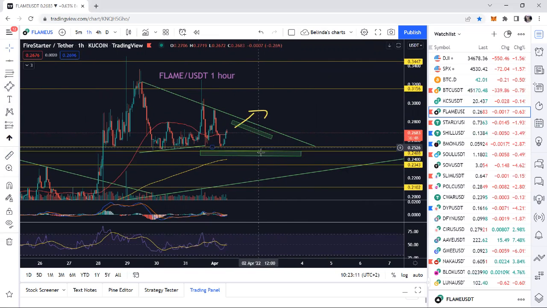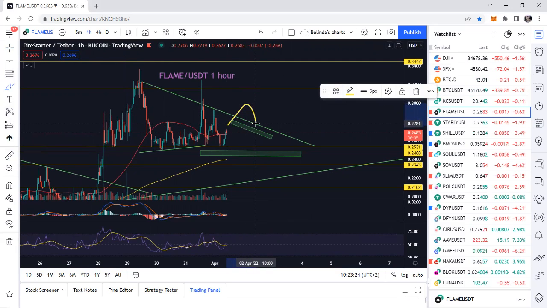If it goes through that, then you've saved yourself a lot more. The same thing applies if you didn't buy the breakout and you're buying the retest. Say your coin went out and then came back down here and took off there, and you bought at the retest, then you'd also have your stop loss just underneath that.